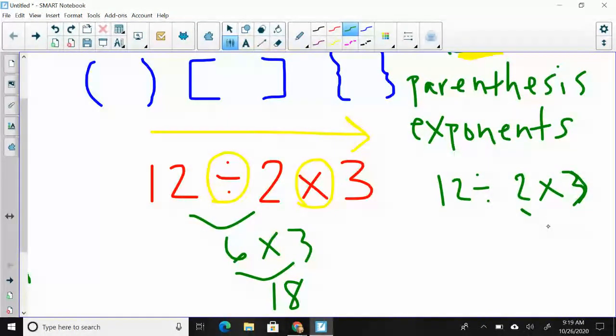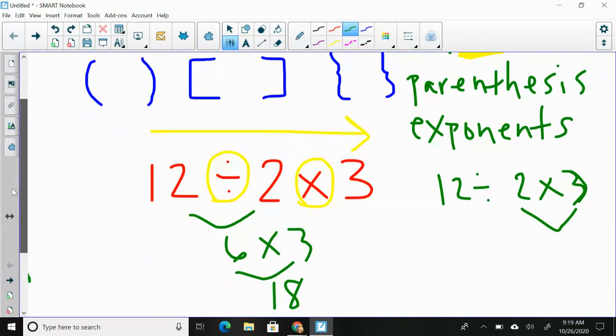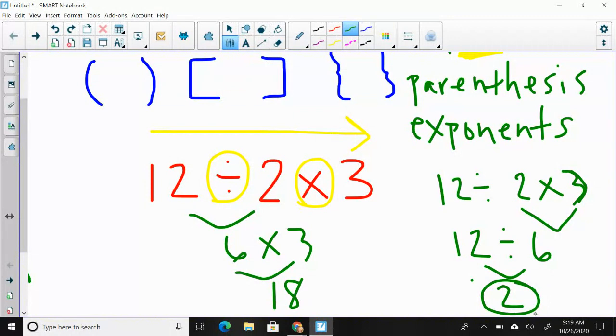But if I said, oh, I multiply first because it comes before division in PEMDAS, then 2 times 3 would be 6, and 12 divided by 6 is 2, and that is the wrong answer. So when you're talking about multiplication and division, you work the problem from left to right.